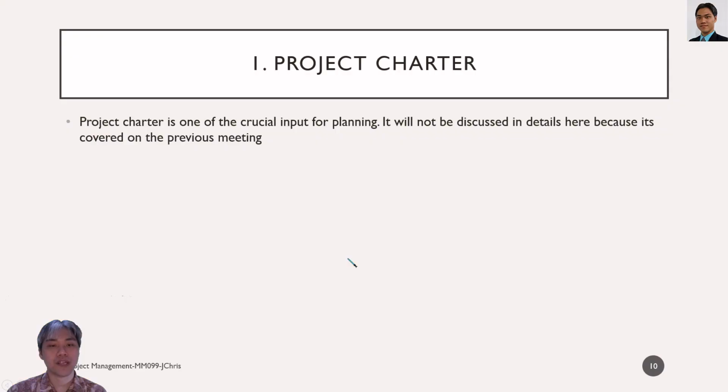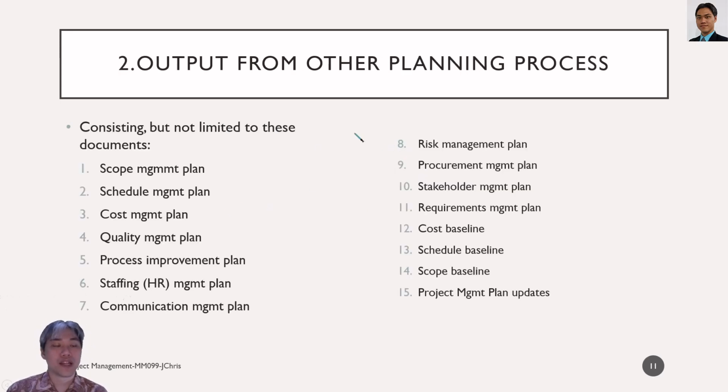Let's talk about PMP inputs. The first input is the project charter. The project charter is one of the crucial inputs for planning. We have discussed it in the previous meetings. Output from other planning processes is also considered an input for PMP.